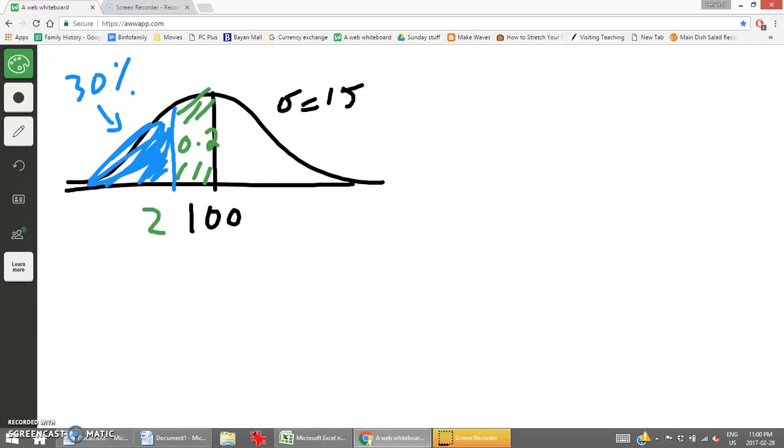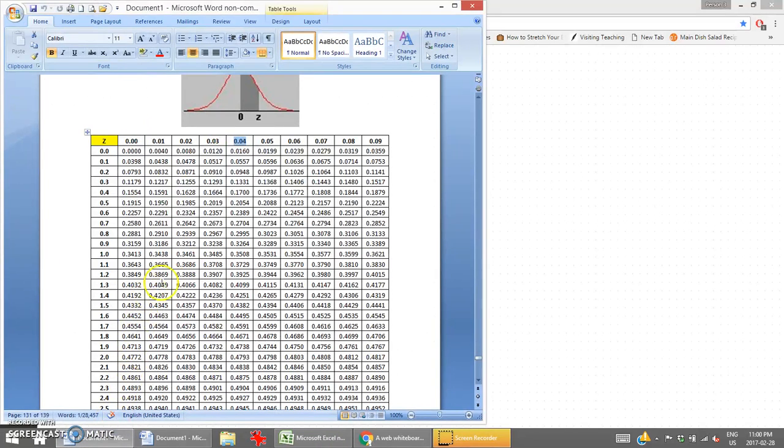And then from the z we can find the x value. So z being unknown, x being unknown. Similar to the first question, we take that area of 0.2 and we go into our chart and try to find the closest z value that corresponds to an area of 0.2.